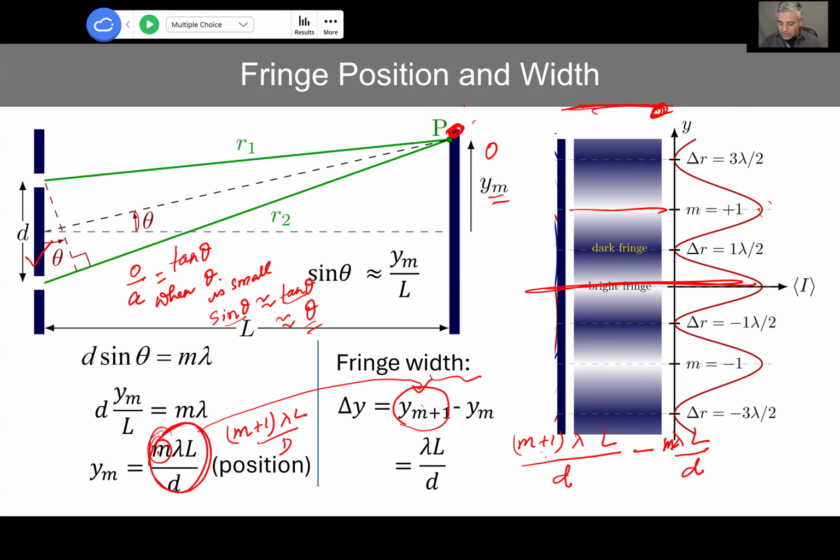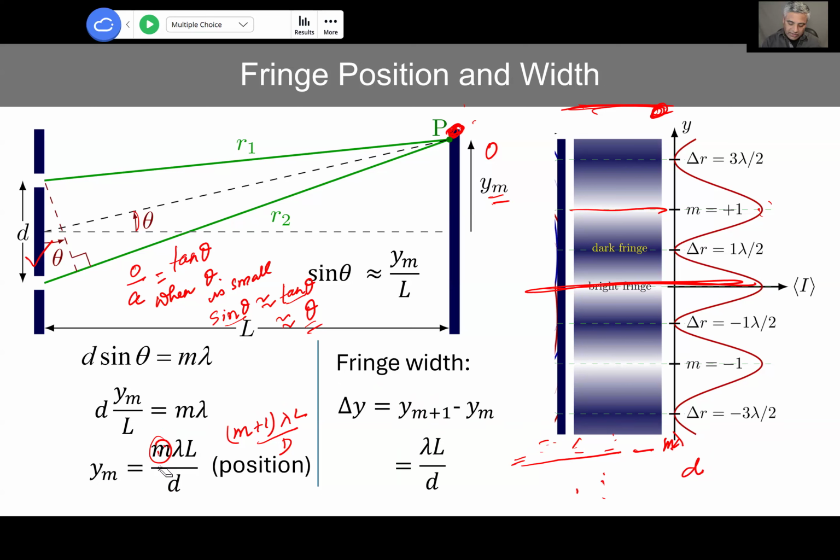So when I open this up, this becomes m lambda L divided by D plus 1 lambda L over D. So this m lambda over D is going to cancel with this minus, leaving us 1 times lambda L over D, and that's what that is, okay? So that is the fringe width.